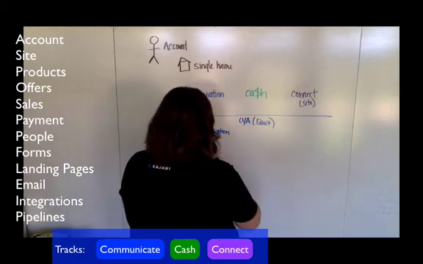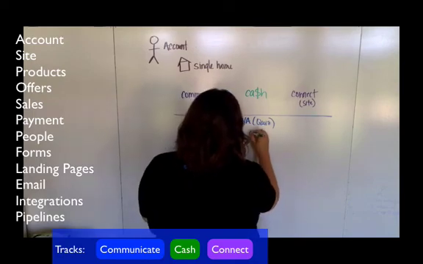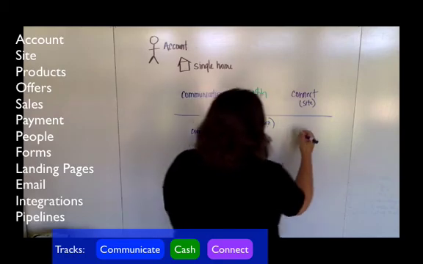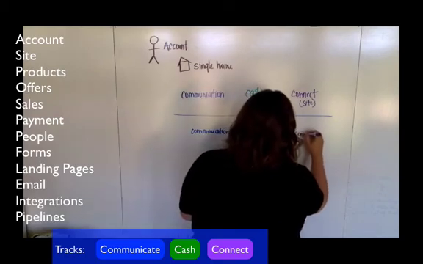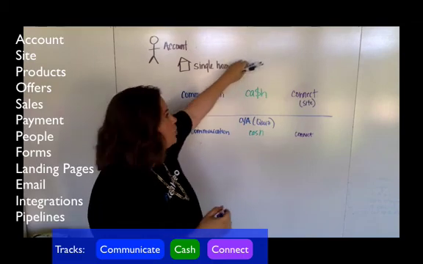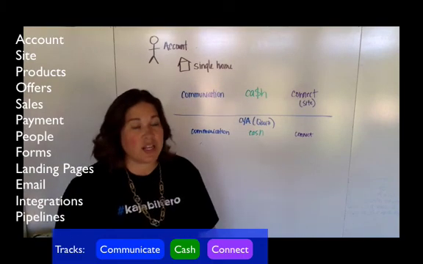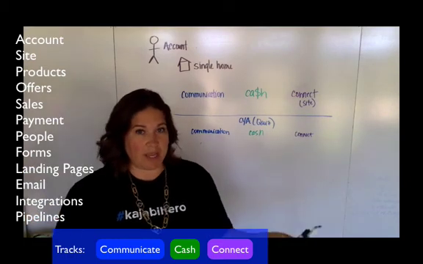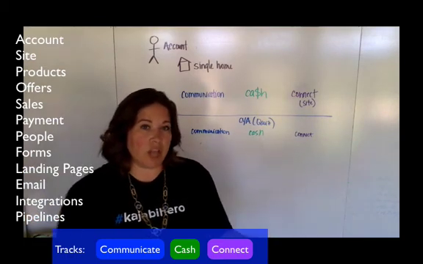Communication, cache, or connect. And so as you're starting, you choose an adventure because you cannot do all three pieces at once. You cannot do that whole big picture I gave you about your overview of Kajabi.